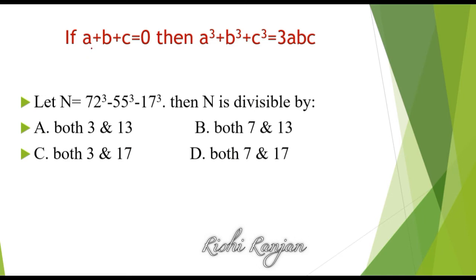First, I'm going to check, is a plus b plus c equal to 0? Let me check: 72 plus minus 55 plus minus 17. Is it 0? Yes, it is 0. In that case, I can apply a^q plus b^q plus c^q is equal to 3abc.